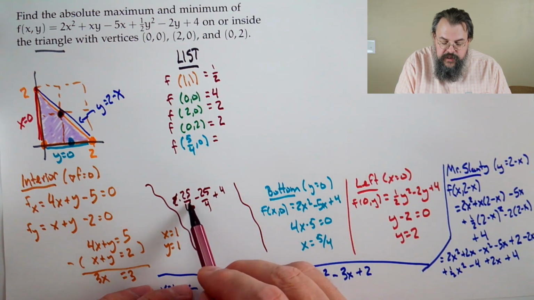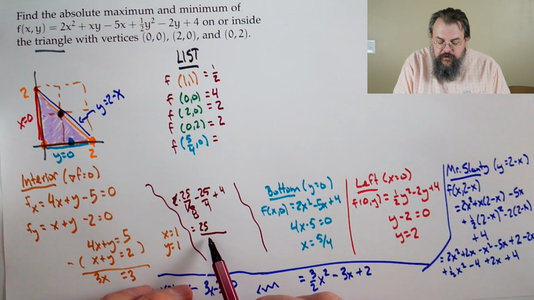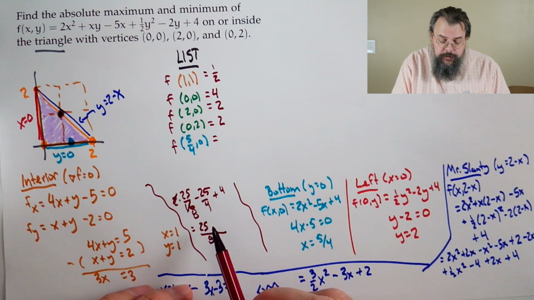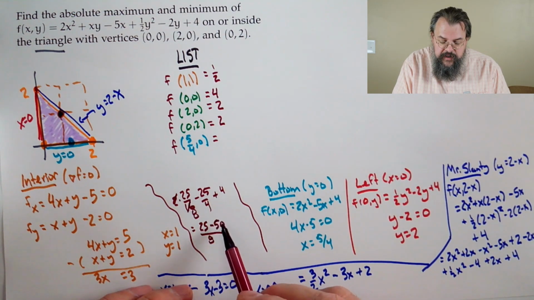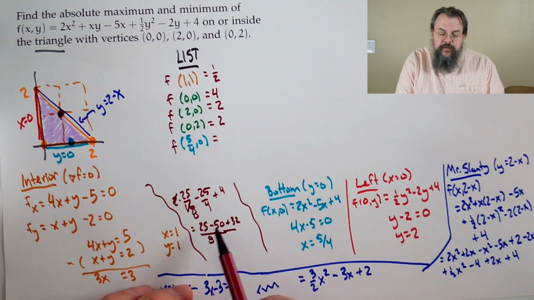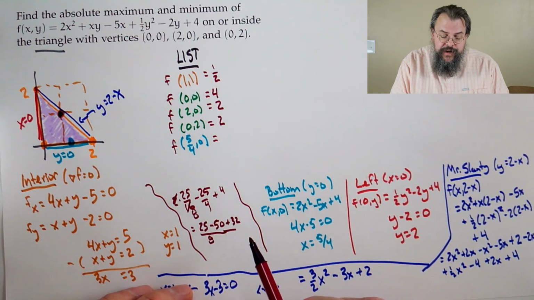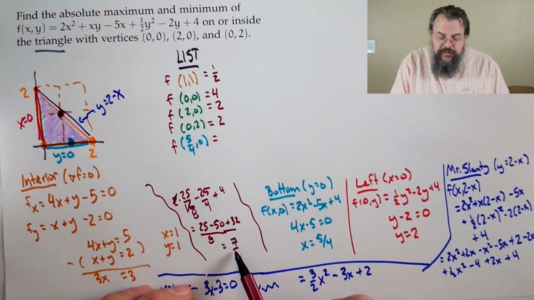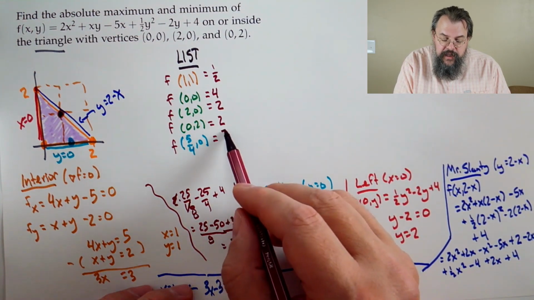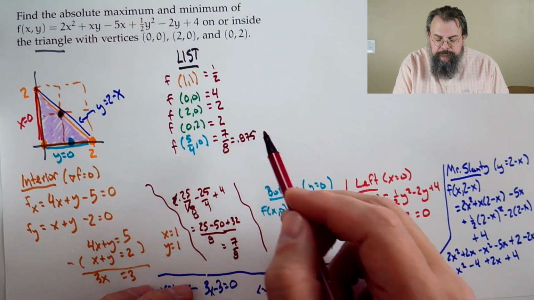Well, of course, 2 goes into 16 8 times. So if we think of this in terms of 8s, we have 25 over 8. 25 over 4 becomes 50 over 8 subtracted. And then 4 becomes 32 over 8. All right, so 25 plus 32 would be 57. Subtract 50 leaves us at 7/8. Okay, 7/8, which I think is 0.875.